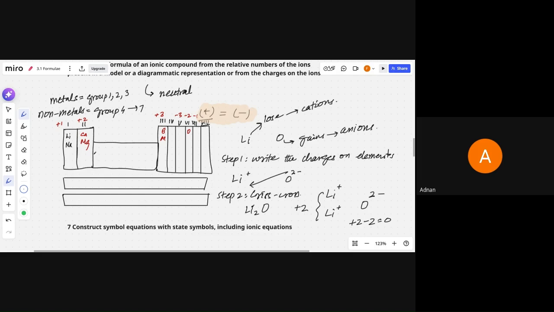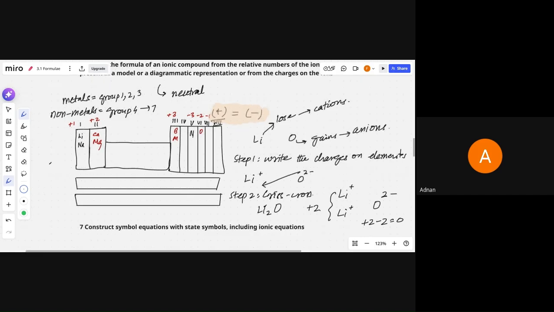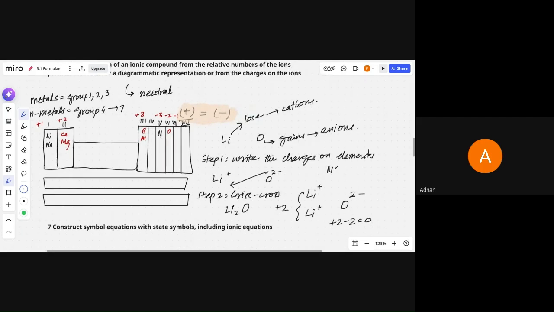Again, let's say sodium wants to combine with nitrogen from group 5. What will be the formula? Again, step 1, write the charges on the elements. Sodium is +1, and nitrogen is -3, because nitrogen will gain 3 electrons to have a complete outer shell.